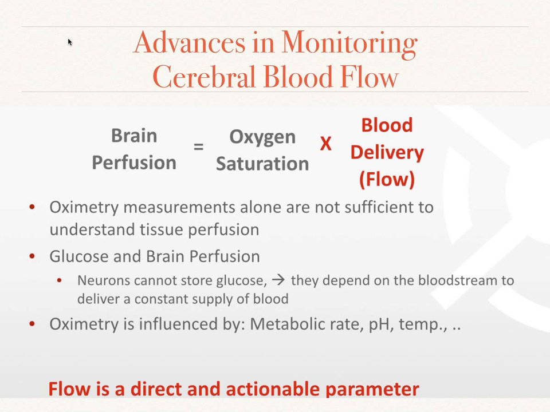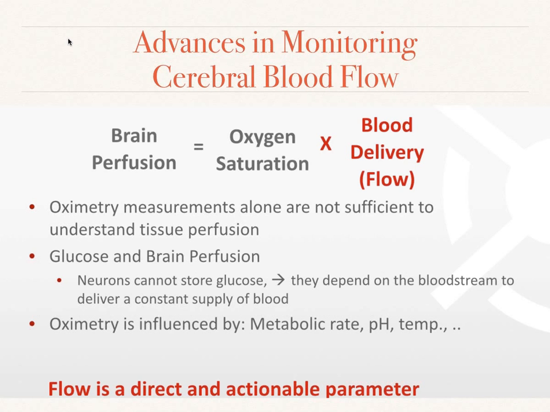Glucose and brain perfusion are very important to understand. And the truth is that perfusion itself, independent of oxygenation, is important to deliver an adequate amount of glucose to the brain. Conversely, oximetry is influenced by a variety of different variables. There are 8 or 9 different variables that we believe influence oximetry, including metabolic rate, pH, and temperature.